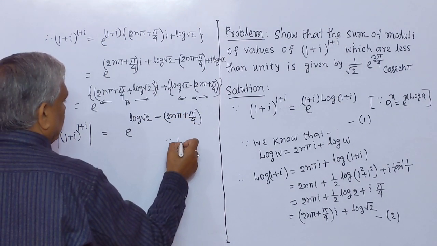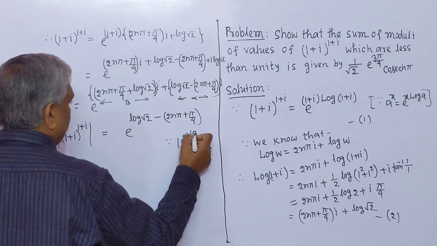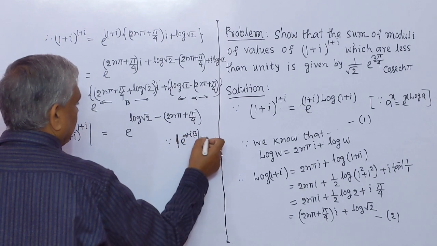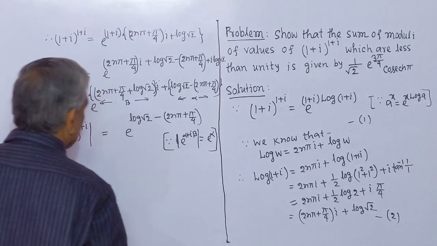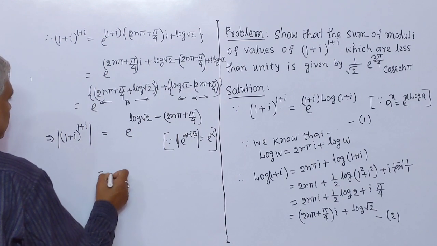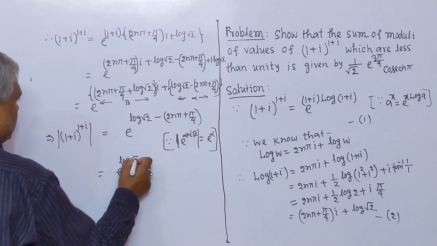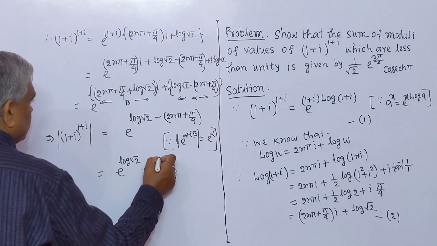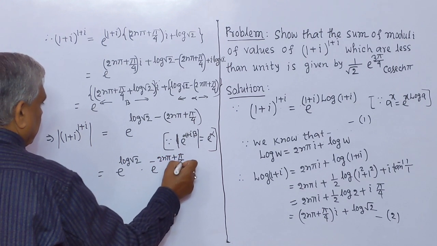Since modulus of e to the power alpha plus i beta equals e to the power alpha, this is equal to e to the power log square root 2 multiplied by e to the power minus (2n pi plus pi by 4).